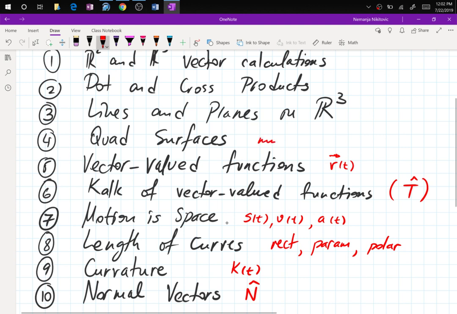Quadratic surfaces is multiple choice. All right, so for this one, I am going to give you a shape and 4 equations, and you have to pick correctly, and then I'm going to do it the opposite way.